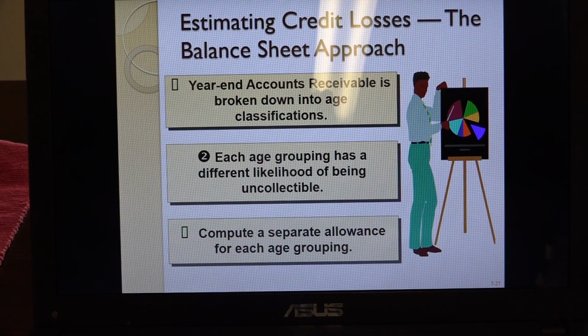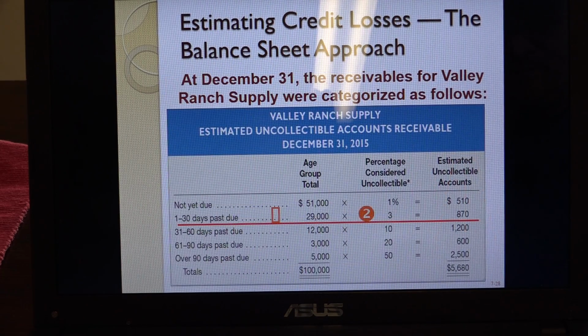All right, so let's move to the next column. Let's see if they do that here. Let's just use their numbers. Okay, so not due yet, current 51,000. They predict 1% uncollectible. Okay, so that's not unreasonable. We moved to 1 to 30 days past due. You've got a total amount in that age group of 29,000.